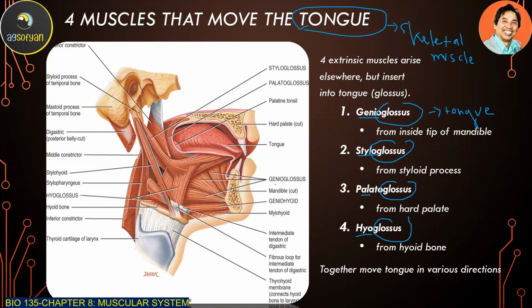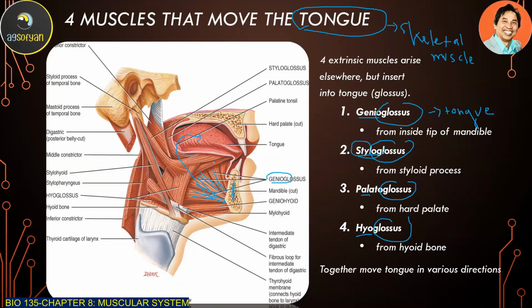Genioglossus, this muscle over here, starts from the mandible. So the origin is coming from the mandible bone and then goes to the tongue. So this is the genioglossus muscle.